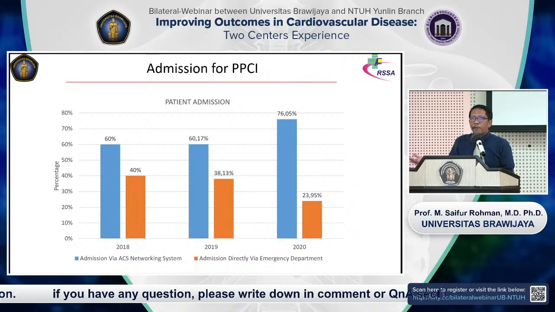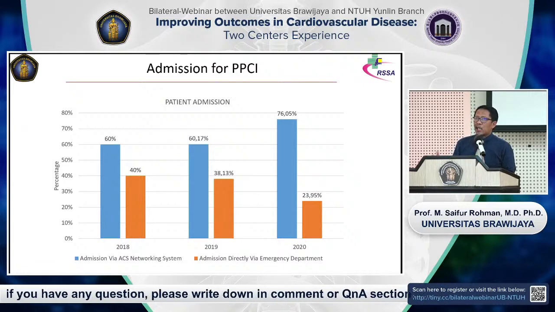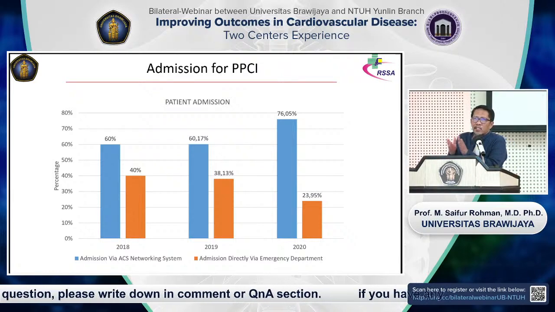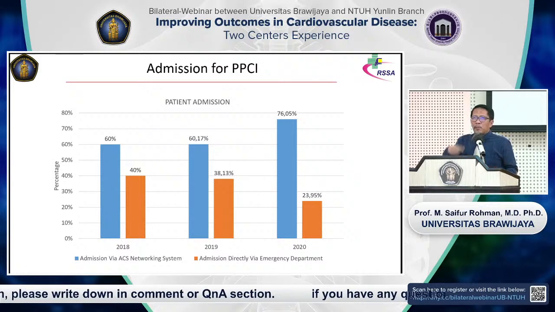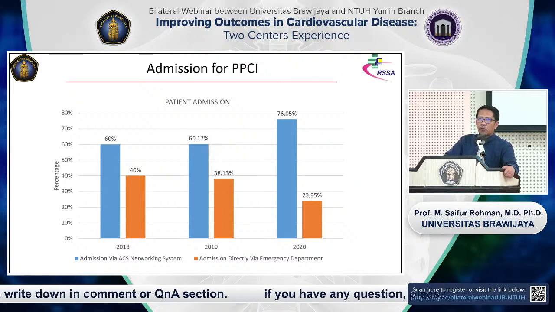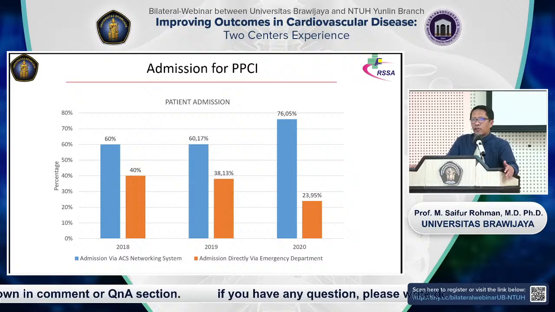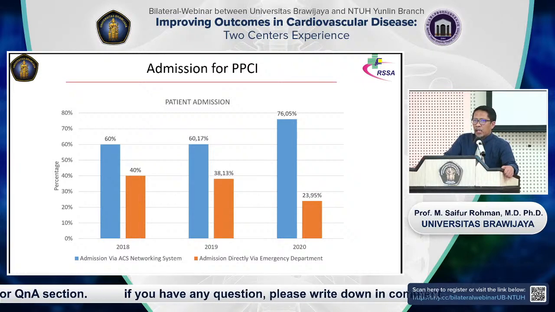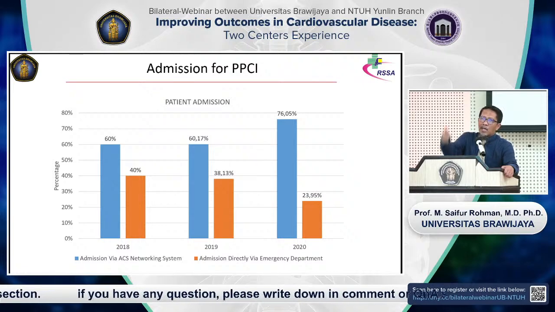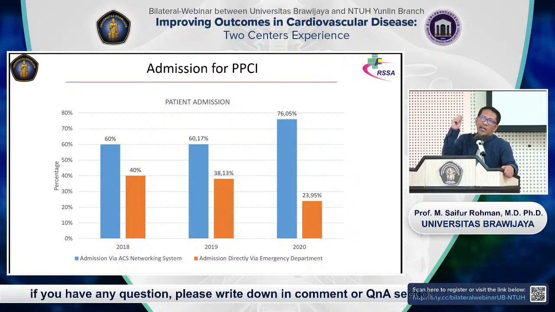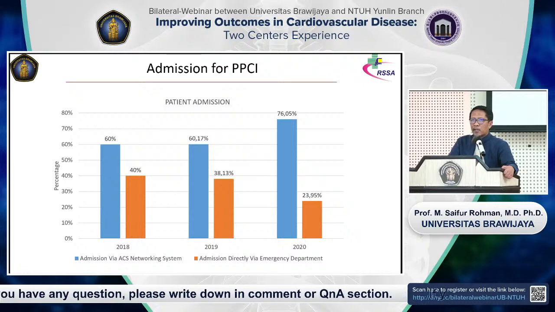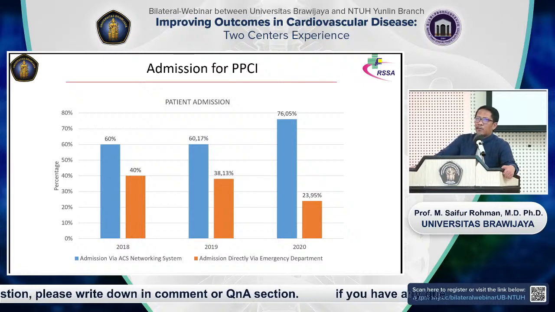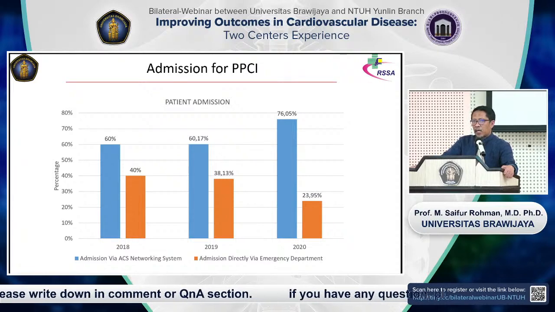This is our effort to shorten the delay by making the networking. We do not only wait for the patient in the hospital, but we proactively ask the cadre, ask the general practitioner, ask the patient to get to the hospital faster.